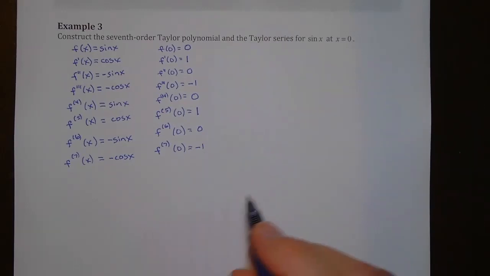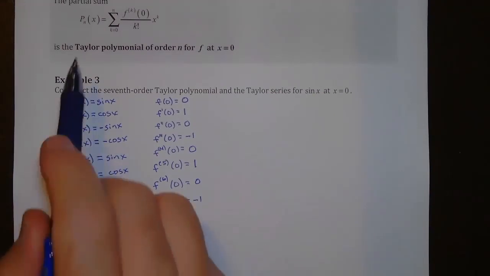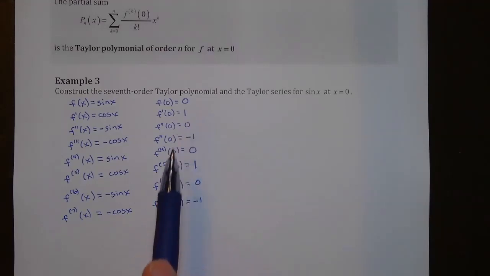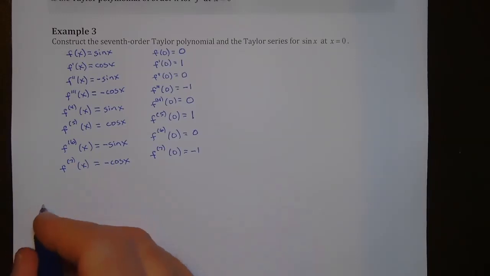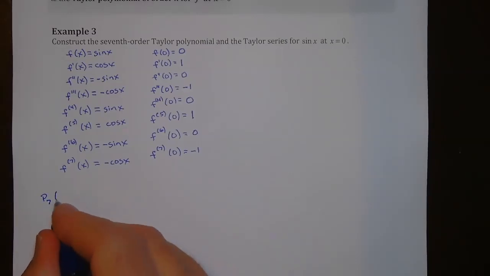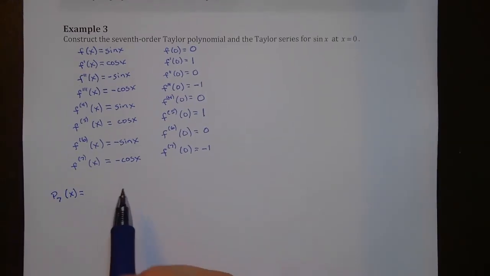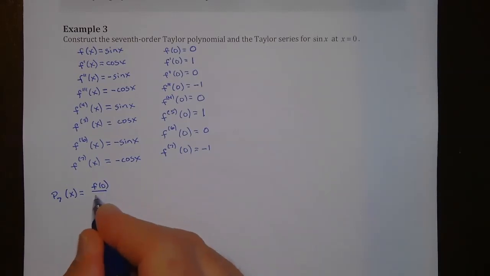Okay, so the way we write this is, because I'm going to slide up a little bit, we're doing the partial sum, right? We're going to do the 7th order Taylor polynomial. Okay, so we're really doing a partial sum. And so we would write it like this: the 7th order Taylor polynomial of x would be f of 0 over 0 factorial.